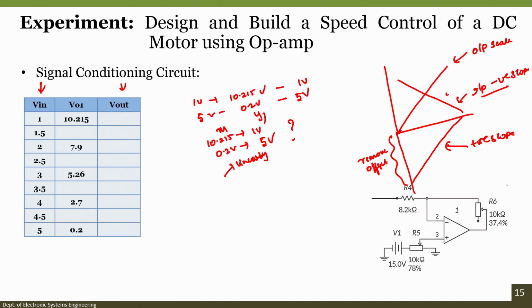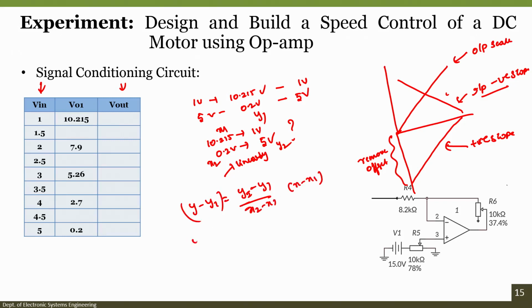If you apply some mathematics, we know that the input in this case is 10.215 and the output we require is 1 volt, whereas when the input is 0.2 I require an output of 5. So, I will apply the equation of a line formula, which says that y minus y1 is equal to y2 minus y1 by x2 minus x1 into x minus x1.